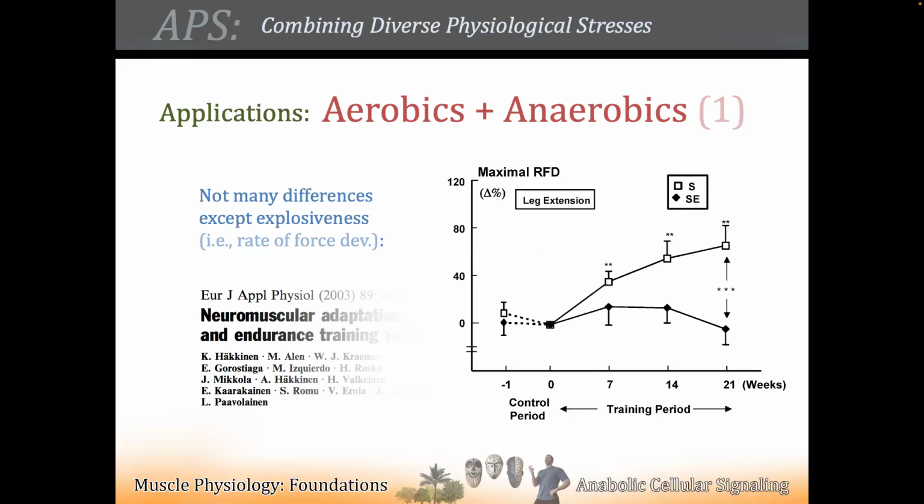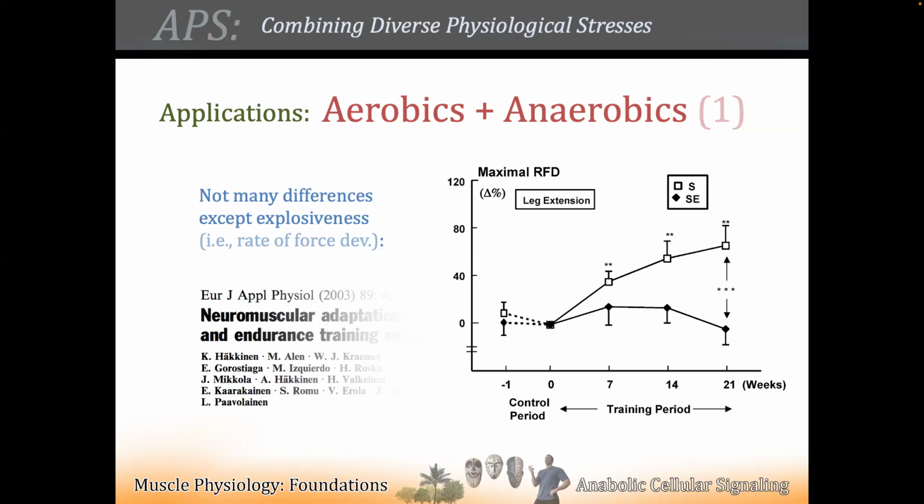And then this graph shows one of the findings, the difference between the strength group, marked S on the graph, that, again, 2 days a week of resistance training, compared to the strength and endurance group, SE, on the graph. So 2 days a week of resistance training and 2 days a week of endurance training.